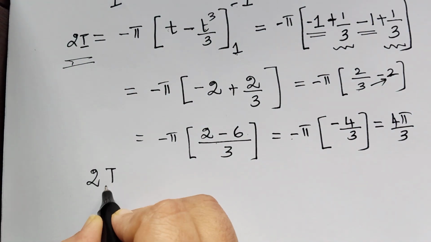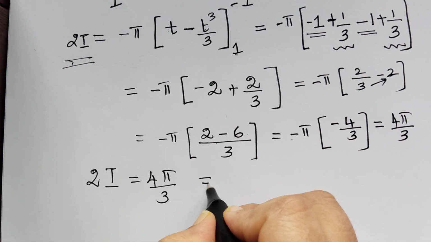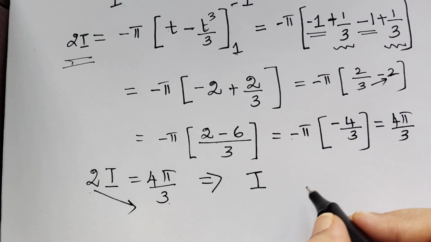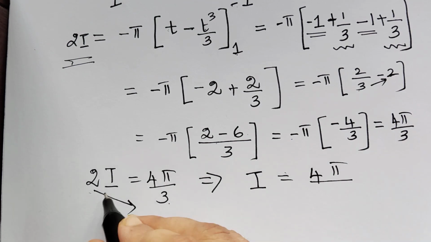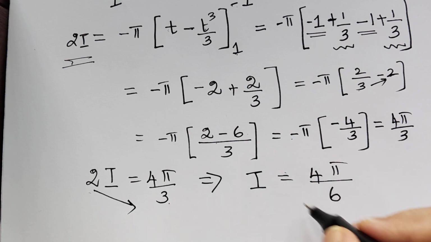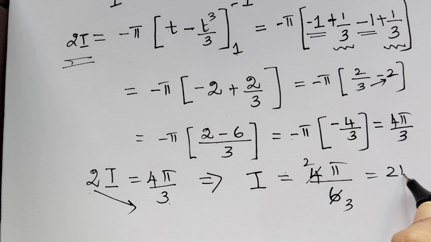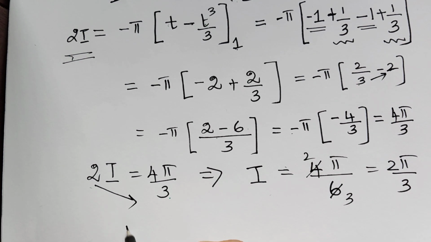So 2I is equal to 4 pi by 3. And from this, what will be I? Bring this 2 to the right, it goes to the denominator. So I will be equal to 4 pi divided by 3 2 times is 6. Now this can be cancelled, 2 2 times and 2 3 times. So that's equal to 2 pi by 3. Therefore I is equal to 2 pi by 3.